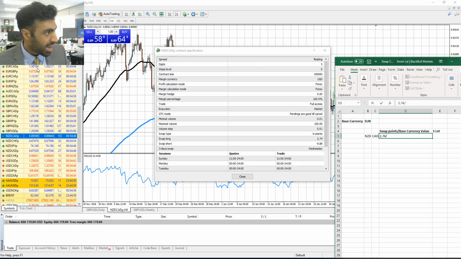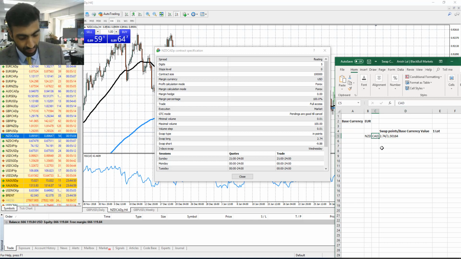Currently that bid is 1.50164, and that is your rate. So you've taken euro with respect to the Canadian dollar. The denominator value is euro CAD. So you've taken your swap points divided by your base currency value in the currency you're trading, so it's euro CAD essentially.